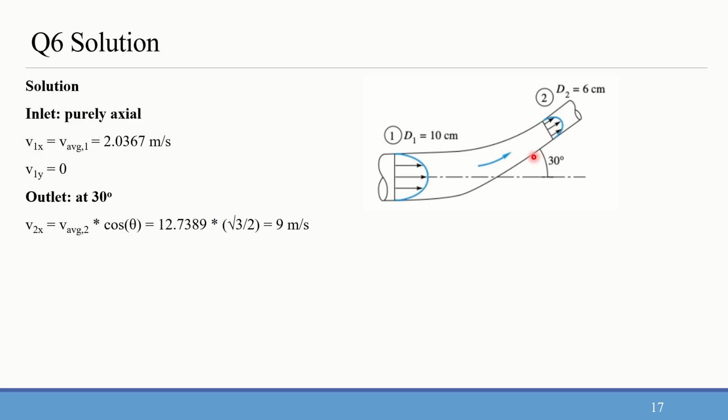V2x is equal to V average 2 into cos theta, and cos 30 is root 3 by 2. So it is 12.7389 into root 3 divided by 2. Oh, okay, I think that is a wrong value. Root 3 divided by 2 gives 11.03 meter per second.